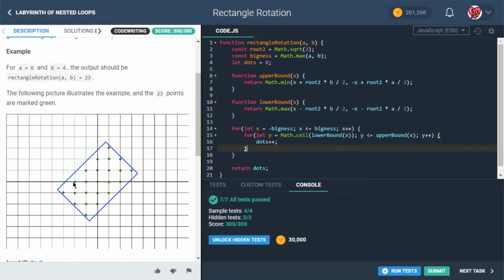So basically, we would just need to take the bigger value and multiply it by √2/2. So yeah, let's try that. √2 times the bigger one divided by 2.